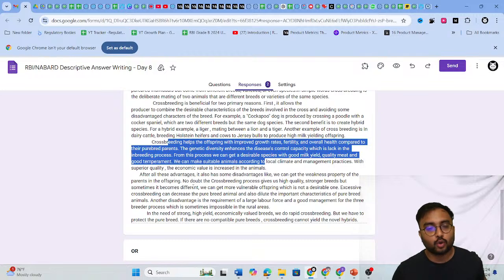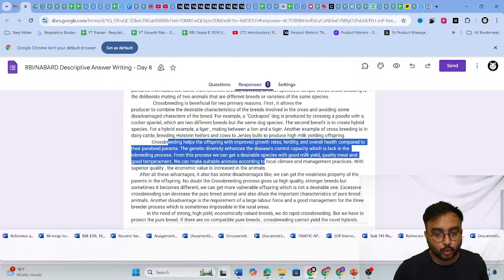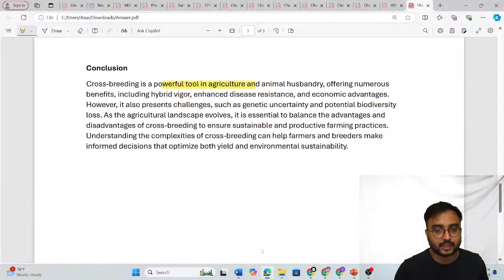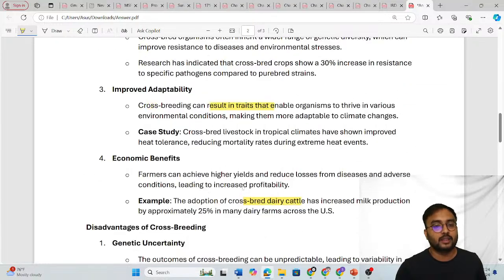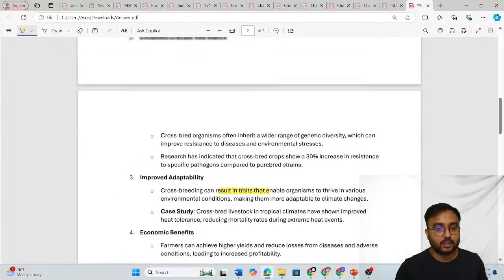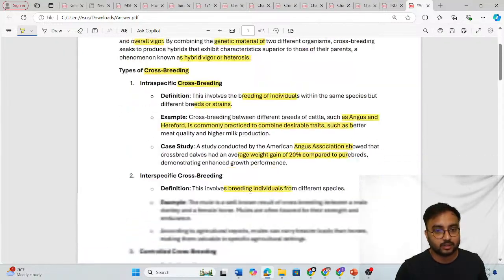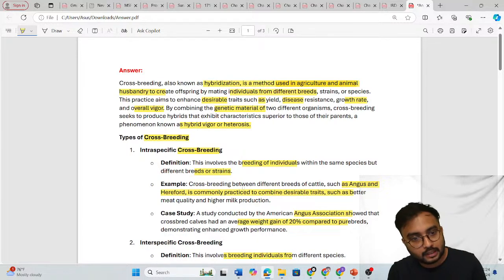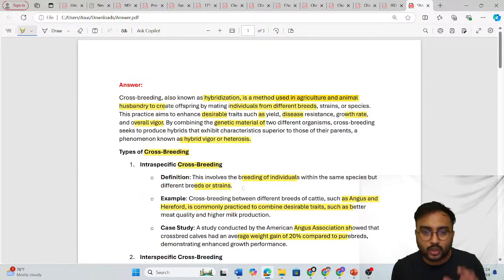My input to all of you would be, this is the answer here. Try to go through all of these answers, and make sure that you write your answer in this way. Look at my structure, guys.